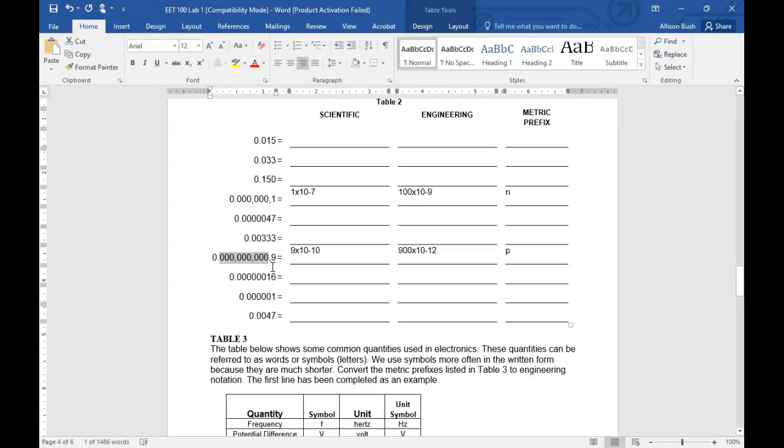Because I've got to move by a power of 3. But I don't want to change the value of the number at the same time. Does that make sense? So I don't want to change the value of the number, but I do need to change this into the proper notation. Okay.